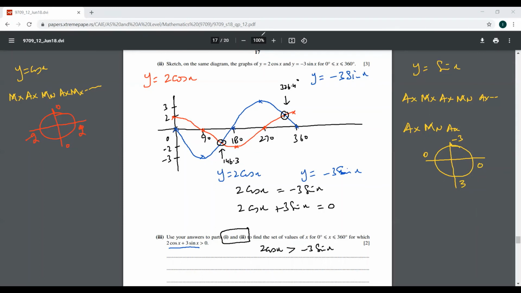So the answer to this third part, I'm writing it here: x is between 0 and 146.3, or x is between 326.4 and less than or equal to 360 degrees. That is the answer to this third part.